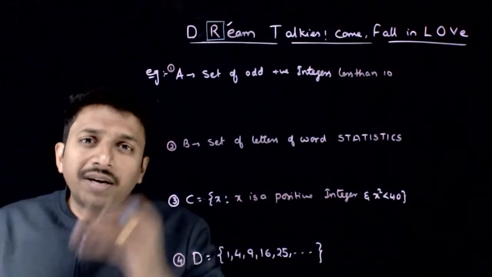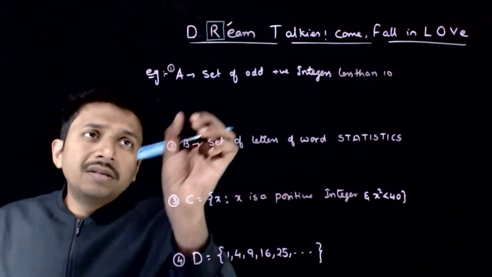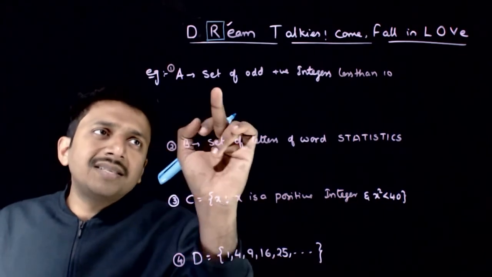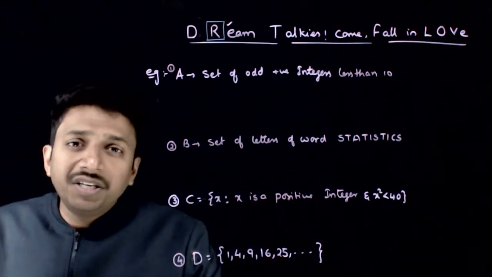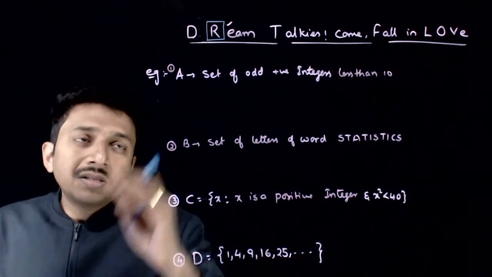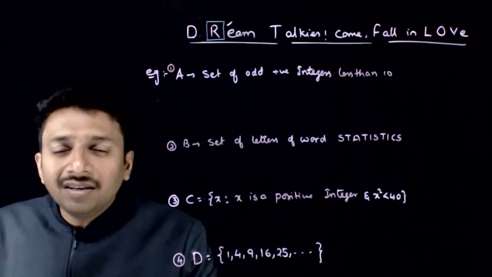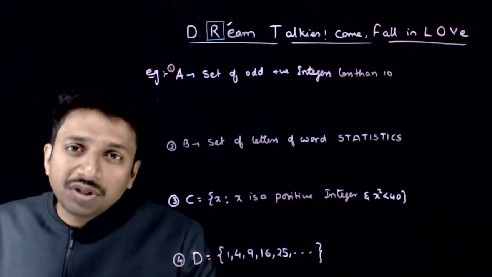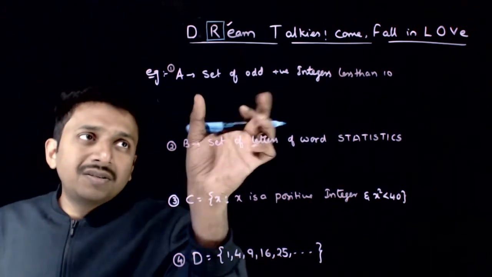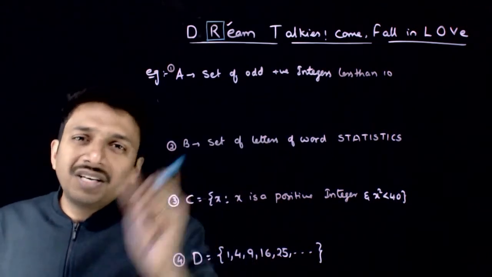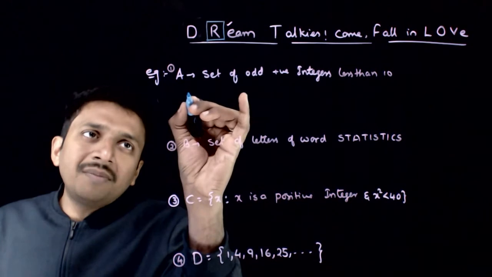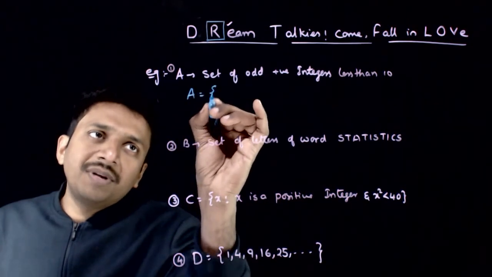So let us look at these examples. In the first example, A is a set of odd positive integers less than 10. How do you represent this in roster form and set builder form? This is a description given in English, so let us write the mathematical way in which this can be written.